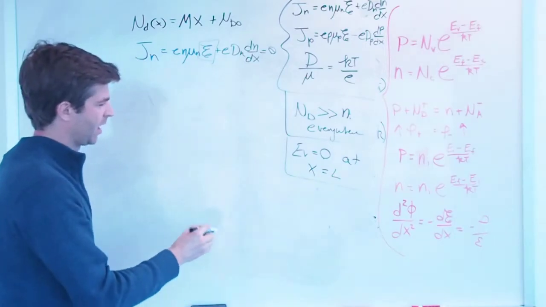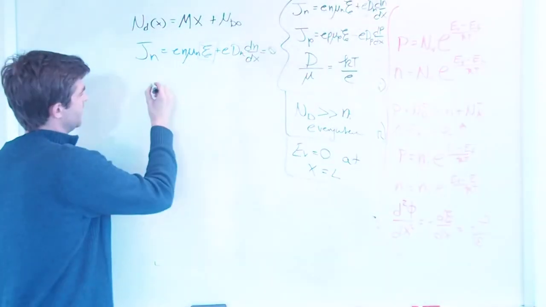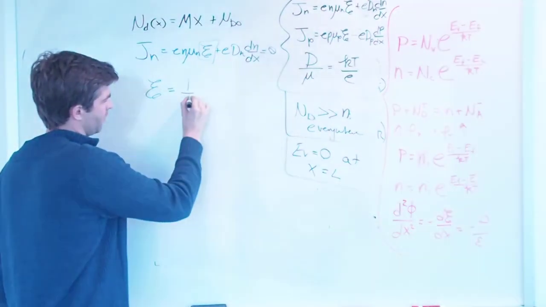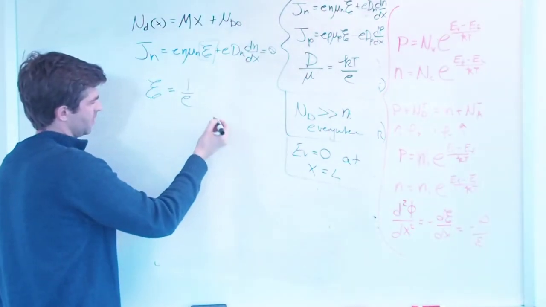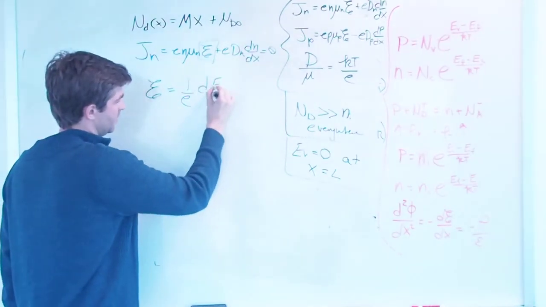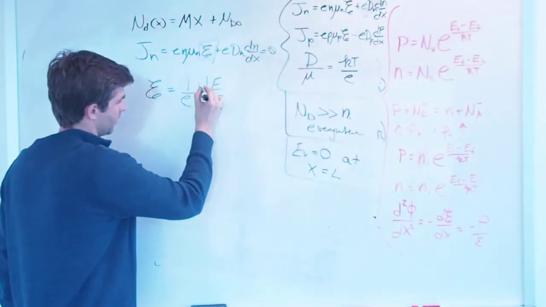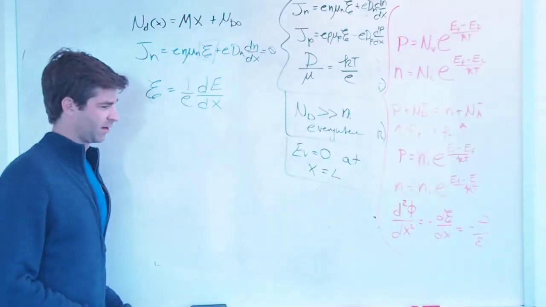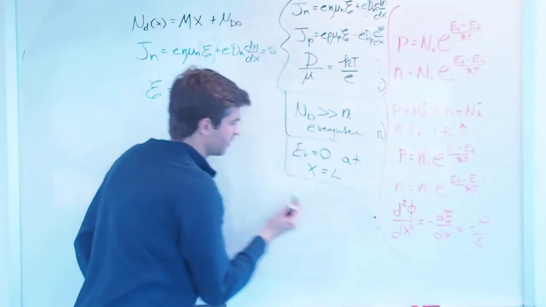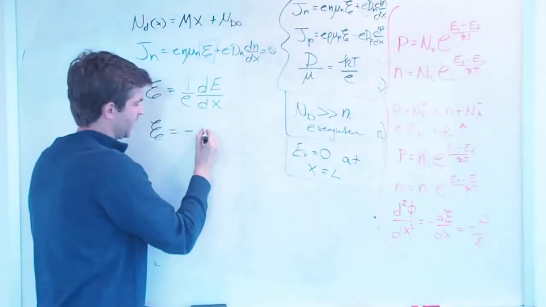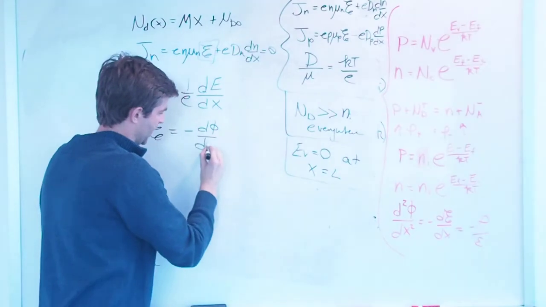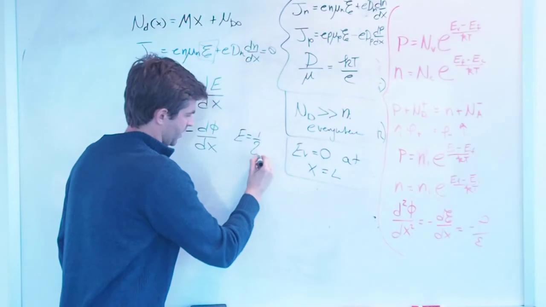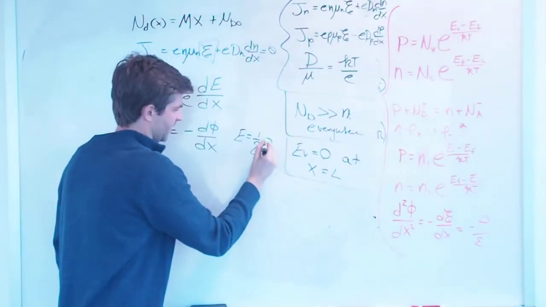So from that, I know that the electric field is just equal to 1 over q times dE/dx. I don't know if that makes a lot of sense, but the electric field E is equal to negative dphi/dx, and phi is equal to 1 over q times the energy, right?